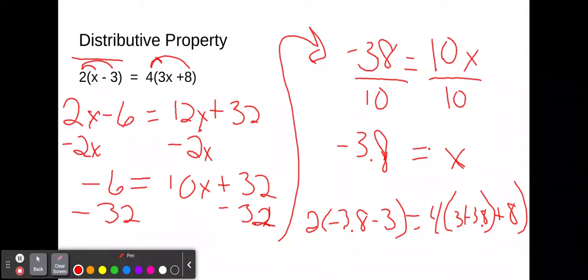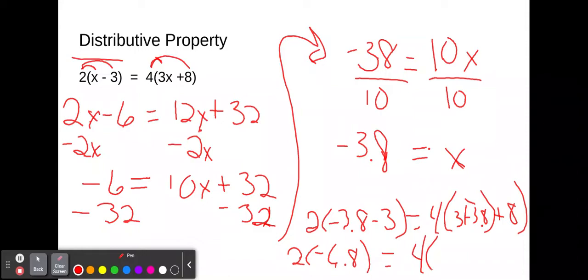So if we calculate that out, that is a negative 3.8, right? Yep. We should be able to see that those both come out to be the same thing. On this side, this would be 2 times negative 6.8. On the other side, it becomes 4 times, let's see, that's going to be a little bit more work here.